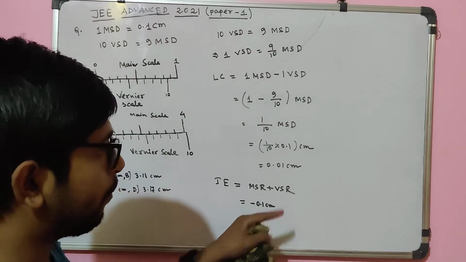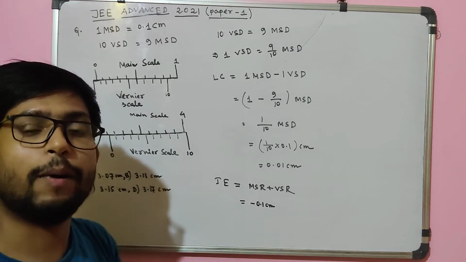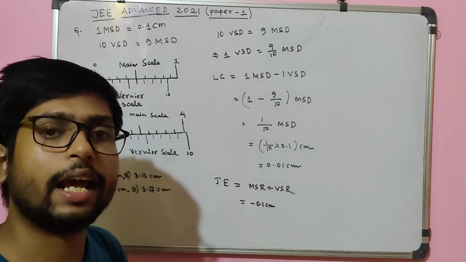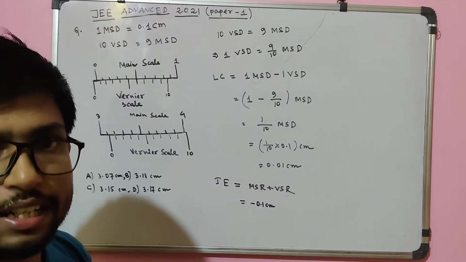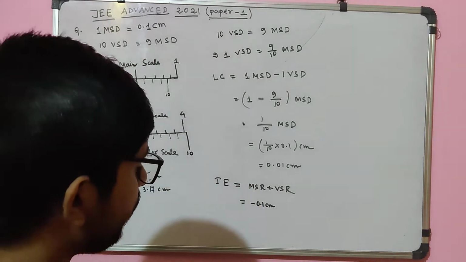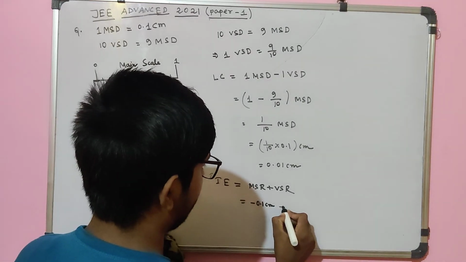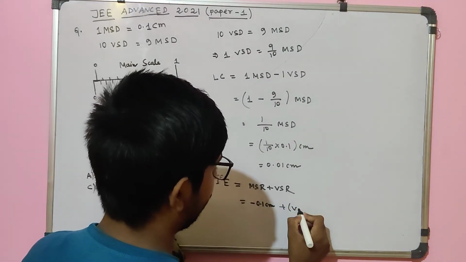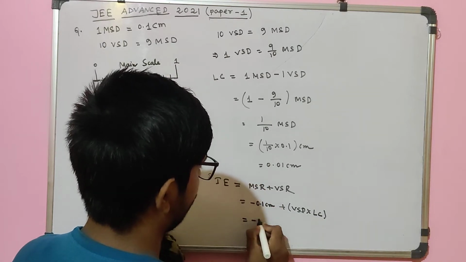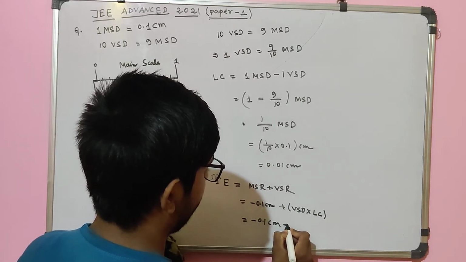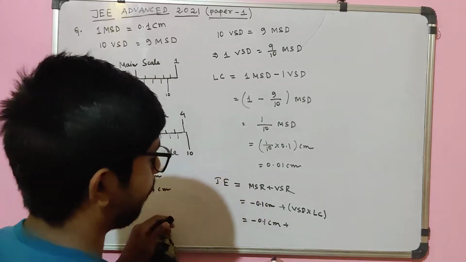Okay, and what will be the Vernier scale reading? It will be the Vernier scale division times the least count of the Vernier caliper, right? What is the Vernier scale division here, by the way?